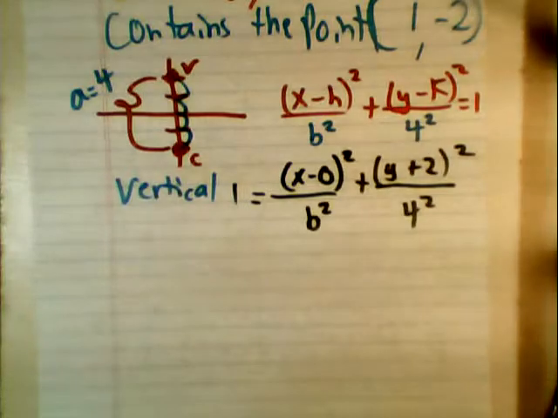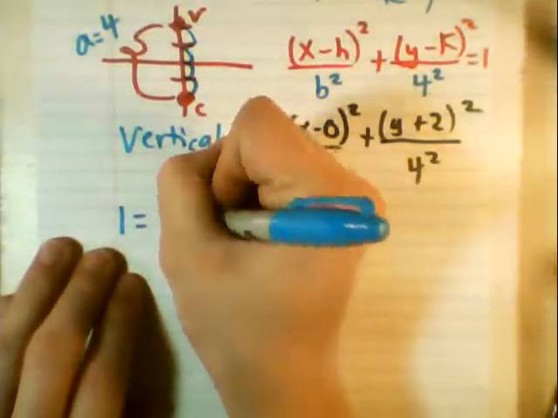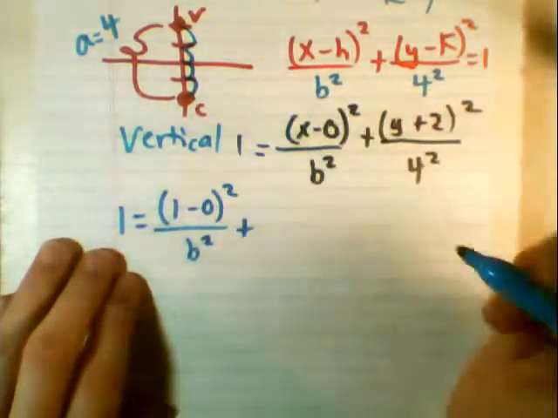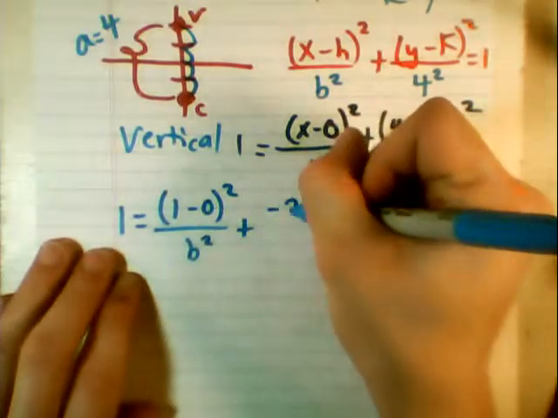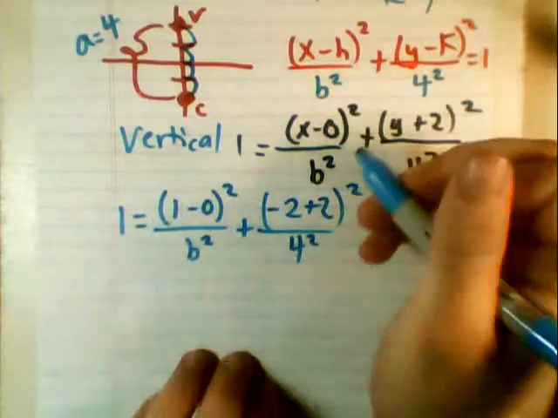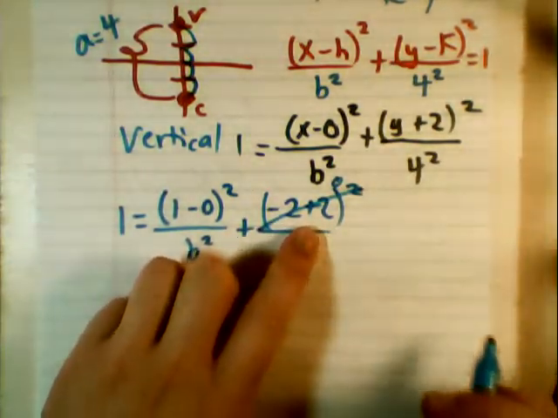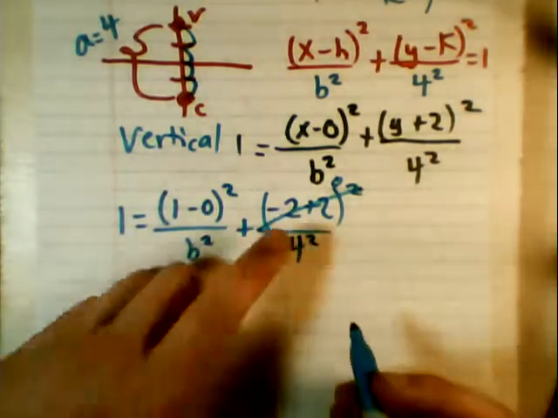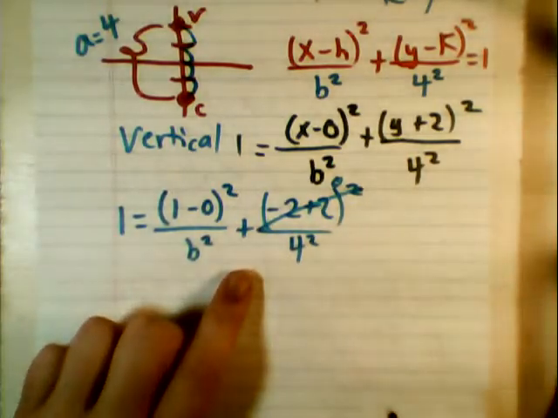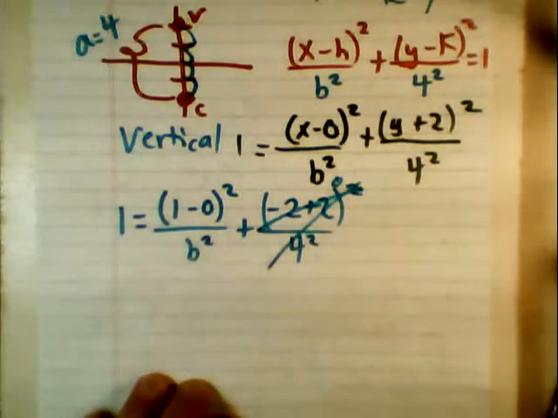We have 1 equals (1 minus 0) squared over b squared, plus (-2 plus 2) squared over 4 squared. This is going to become 0, because -2 plus 2 is 0, and when you square 0, it's still 0. Then we have 0 over 4 squared, which is 16, but 0 over 16 is still 0. So that pretty much cancels that entire thing out.